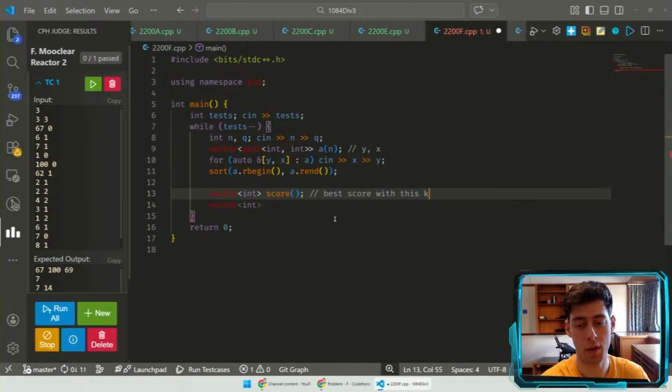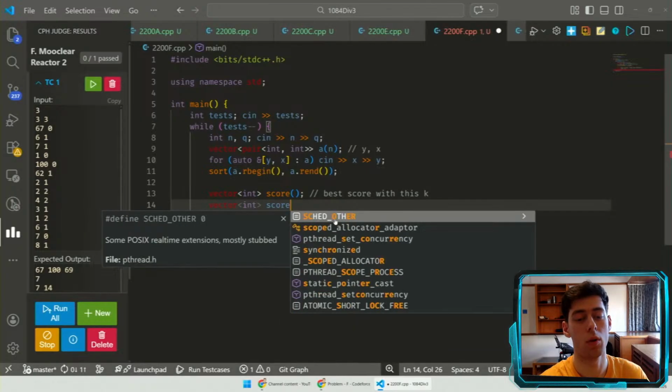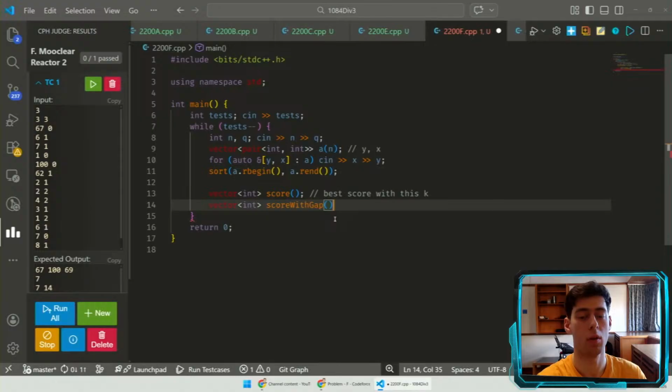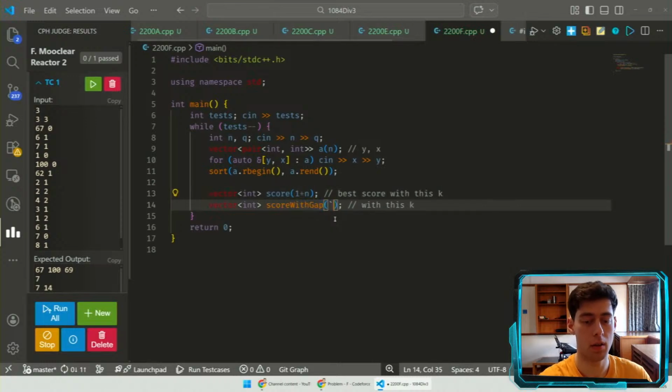Best score with this K. Score with gap. Again with this K. 1 plus N.